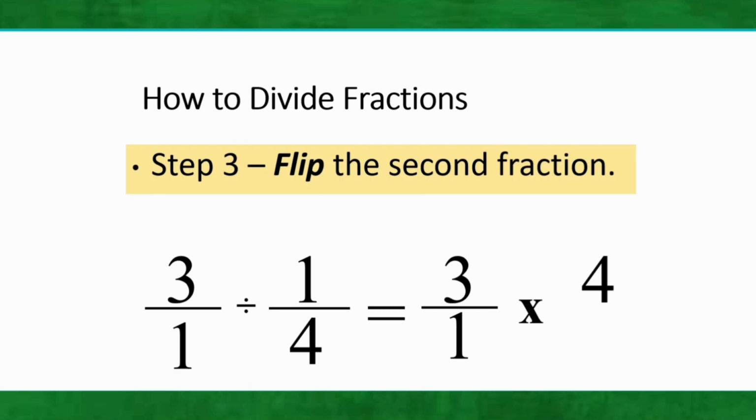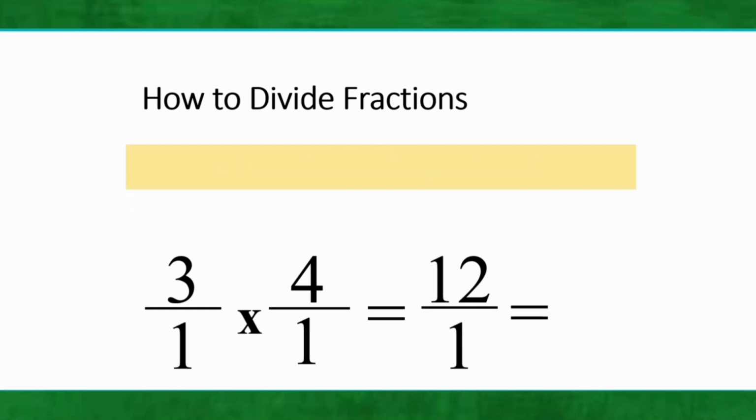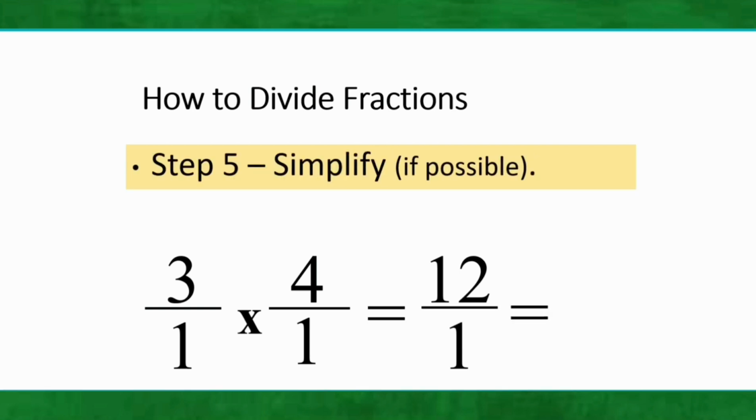So 1/4 will become 4 over 1. Then step 4, multiply the numerators, then multiply the denominators. 3 times 4 is 12, 1 times 1 is 1. Then, simplify if possible. So the final answer here is 12.